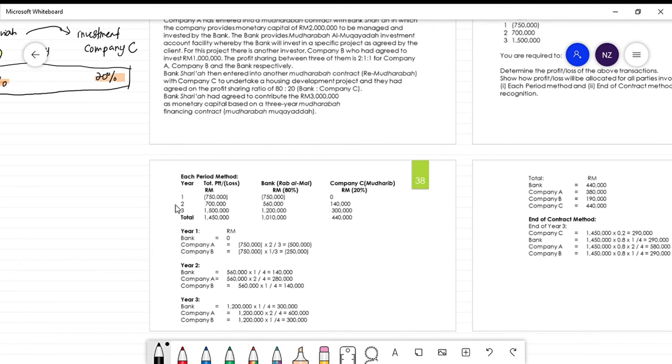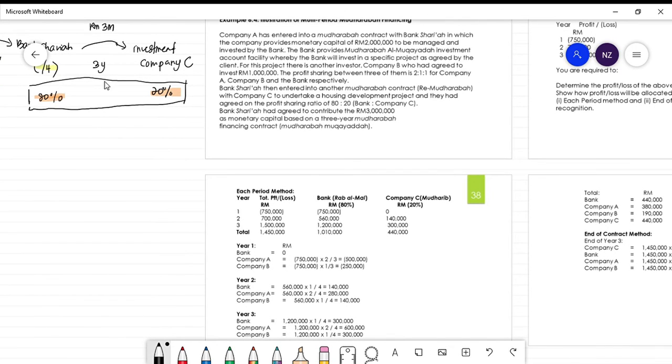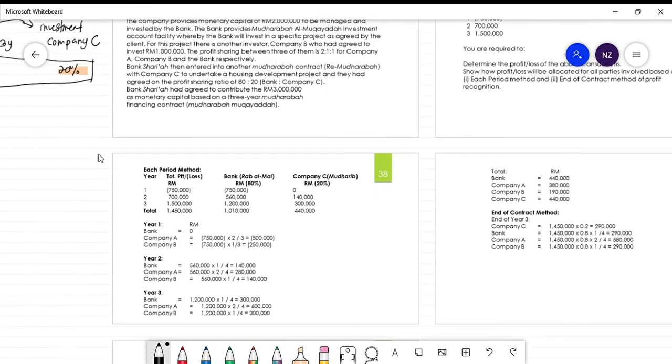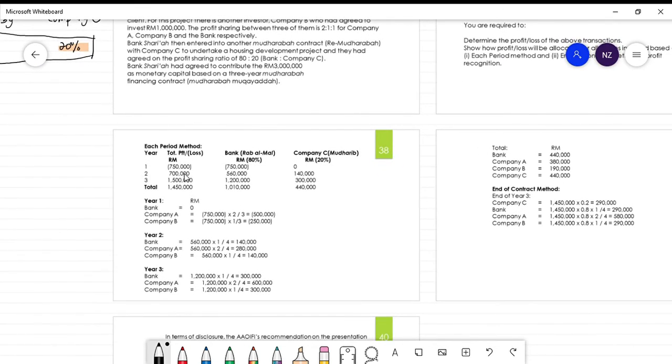Untuk tahun kedua kita dapat profit. So profit kita kena kongsikan lah, kena share according to the pre-agreed ratio for the second mudharabah, 80% and 20%. So dia pun darab macam biasa, 700,000 ni dia darab dengan 80%, dia akan dapat 560k. Same goes to the company C lah, 700k darab dengan 20%, dia dapat 140,000 ni.